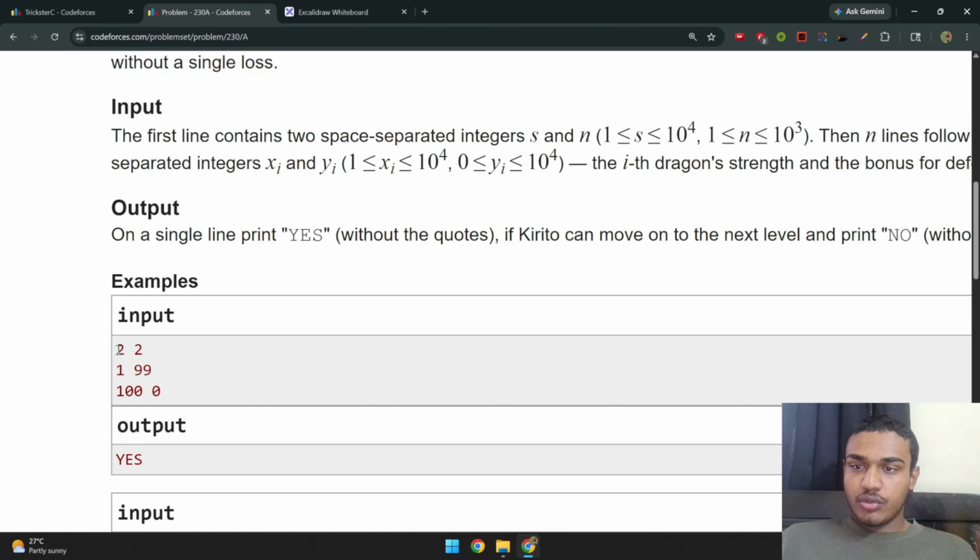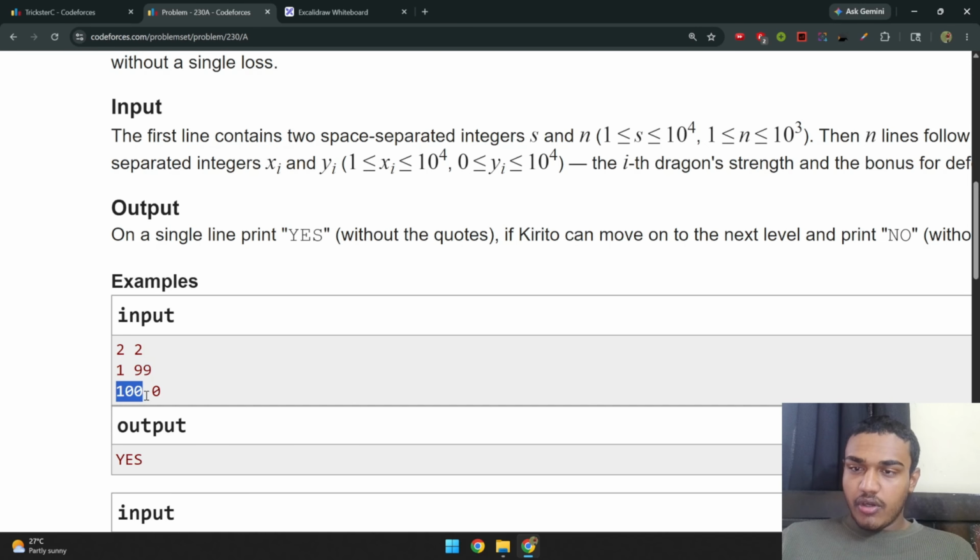Since it's 2 and 2, we have the first dragon whose strength is 1. Since the initial strength is greater than the strength of the dragon, our hero obviously defeats this dragon very marvelously. And they gain this bonus of 99. After adding these bonus points, our hero's strength becomes 2 plus 99, which is 101.